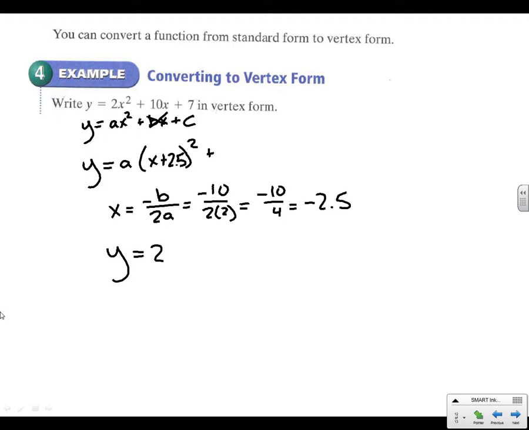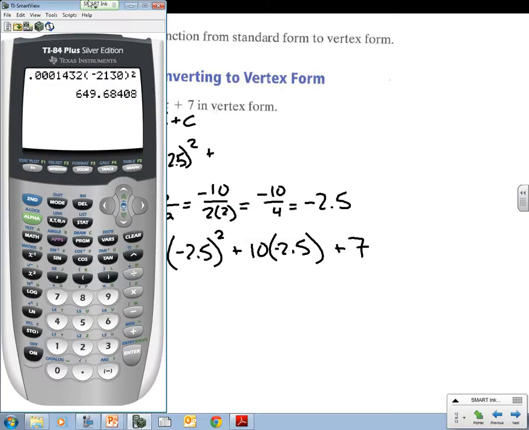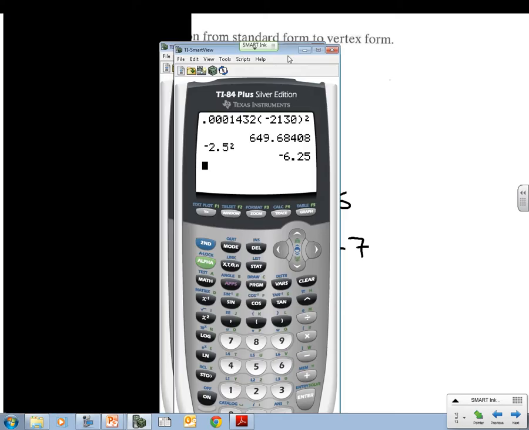So let's do that in our original. y equals 2 times our x, negative 2.5 squared, plus 10 times our x, plus 7. All right, let's go ahead and clean this up. Negative 2.5 squared. We can use our calculator here. Negative 6.25, and that was times a 2.